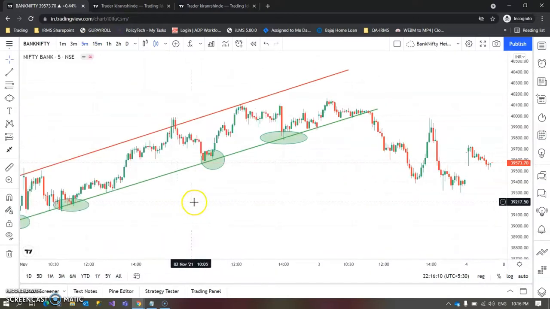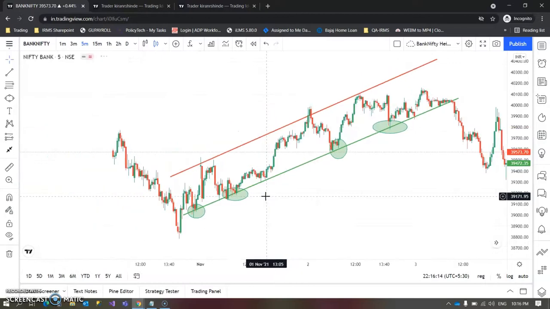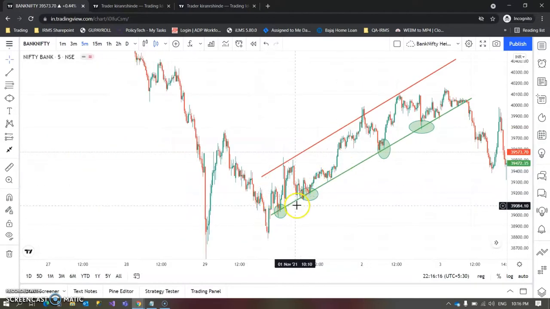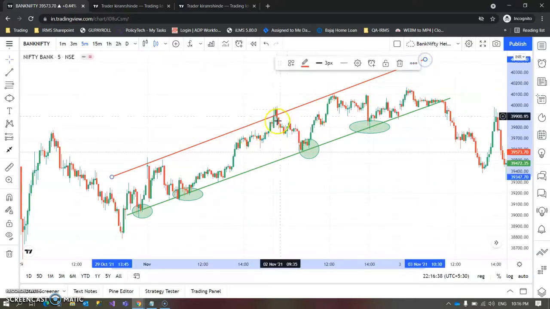It would still show the same, but if you zoom in or zoom out, then this trend line might get disturbed. It is better for an intraday trader to use the 15 minutes time frame, because in the 5 minutes time frame there may be more disturbance, or more ups and downs. So 15 minutes is the best time frame we can see.